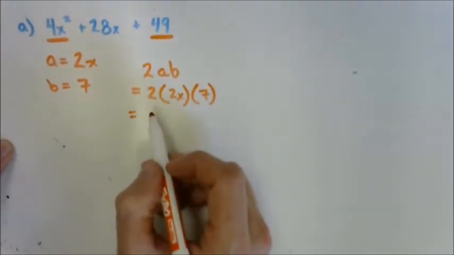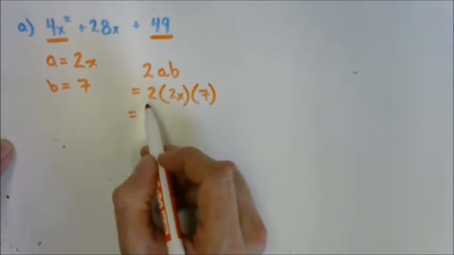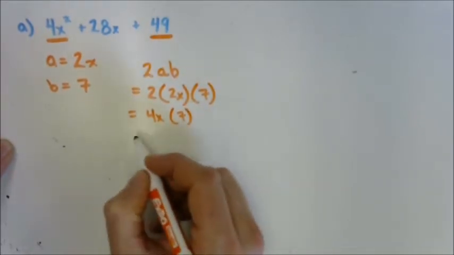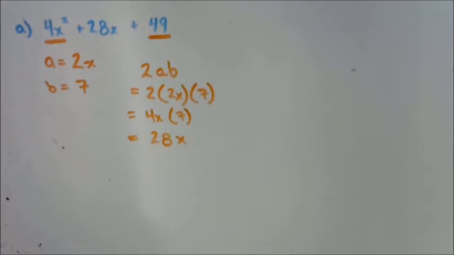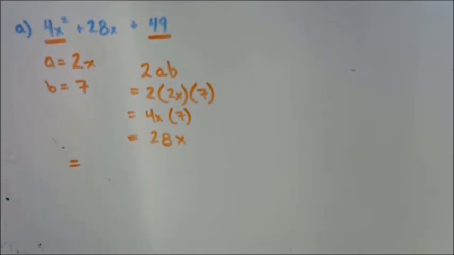Well, 2 times 2x is 4x. 4x times 7 is 28x. So do we have a good pattern here? Yep.